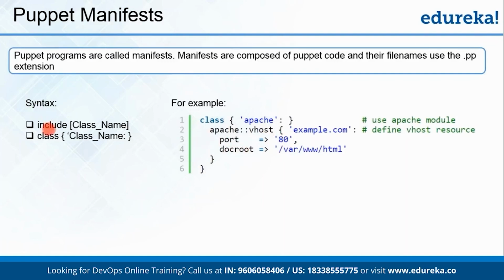Either you can just write include and the name of the class, or if you don't want to use the default attributes of that class, you can make the changes by using this particular syntax. That is, you write the class, open the braces and the class name, colon, whatever attributes you want apart from the ones that are there by default, and then finally close the braces. All right. So now I'll execute a manifest practically that will install Apache on my nodes.